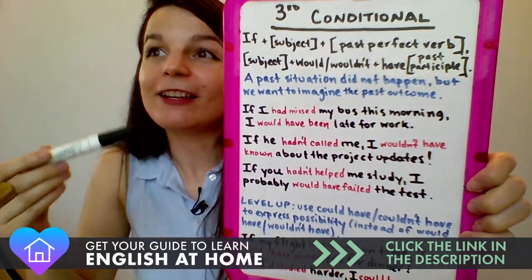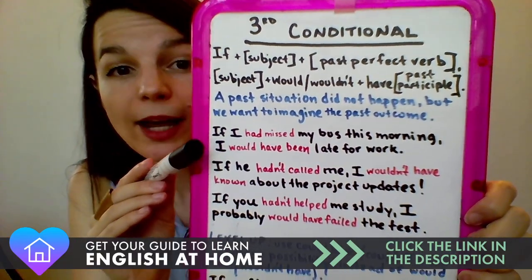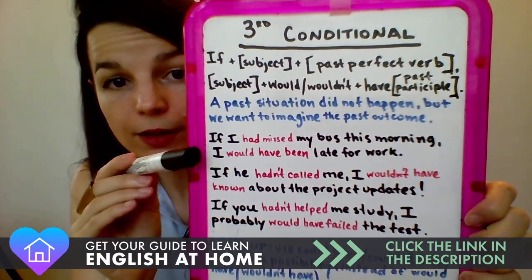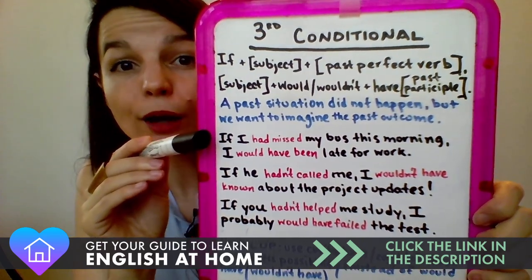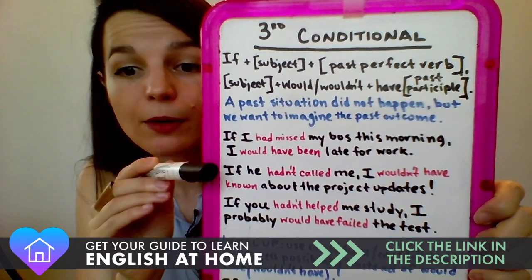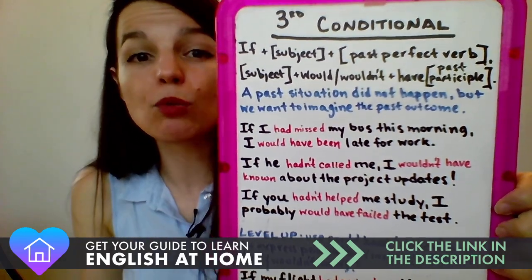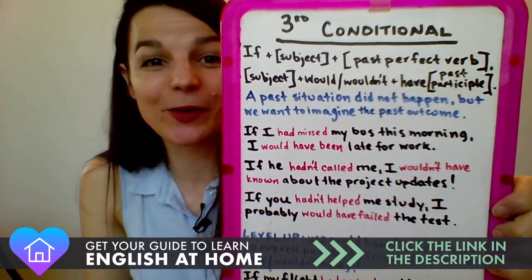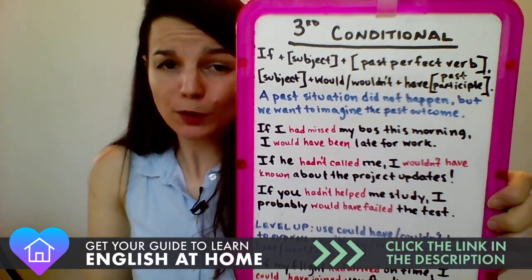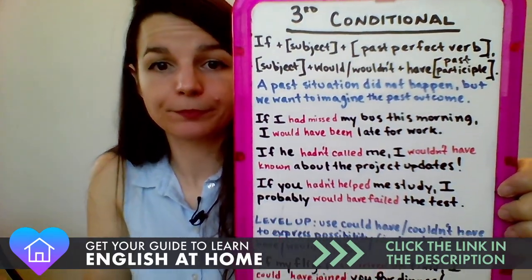But if I had, in that case, I would have been late for work. So this sentence shows the outcome of this unreal situation. Outcome means the result. If I had missed my bus this morning, I would have been late for work, but I was not. So it was okay. But we want to express that potential outcome for some reason.